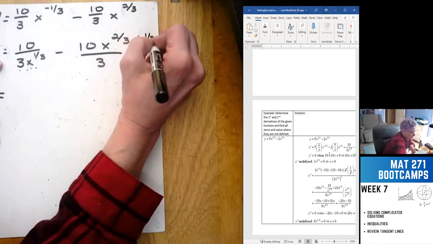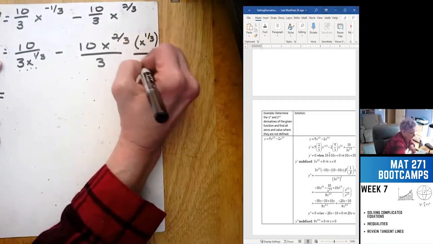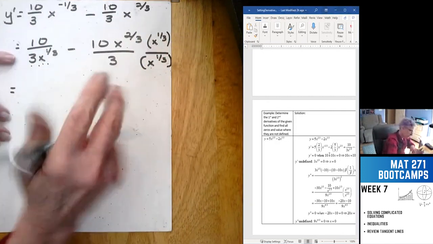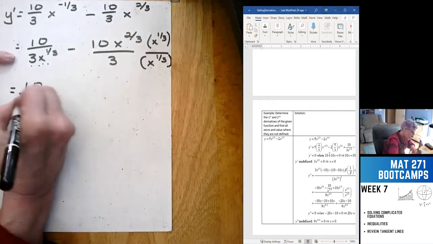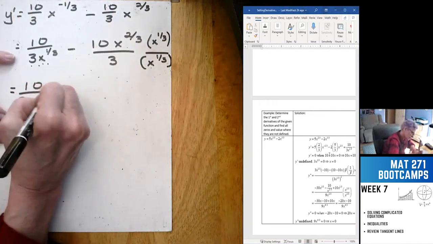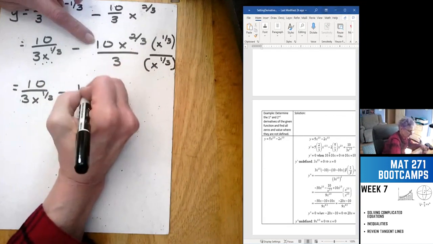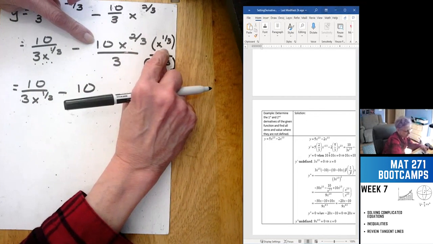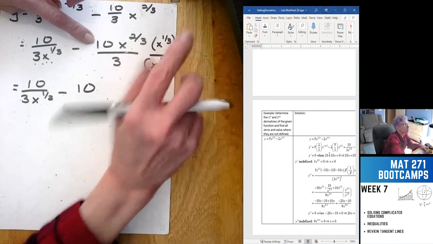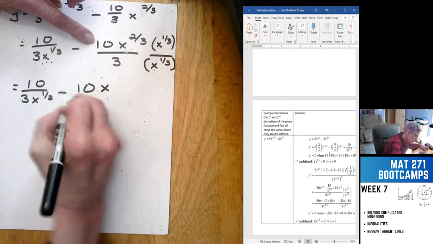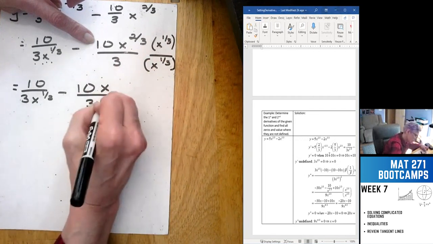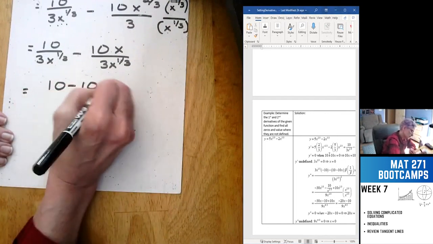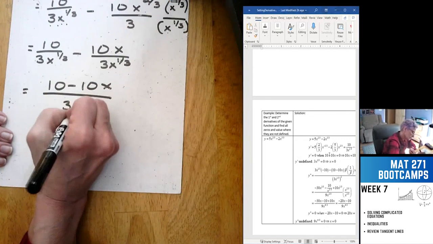I just need an x to the 1/3 power attached to this guy. So I have 10 over 3x to the 1/3 minus 10x to the 2/3 times x to the 1/3 gives me x to the 2/3 plus 1/3, which is just x, over 3x to the 1/3, and one handy dandy unit.